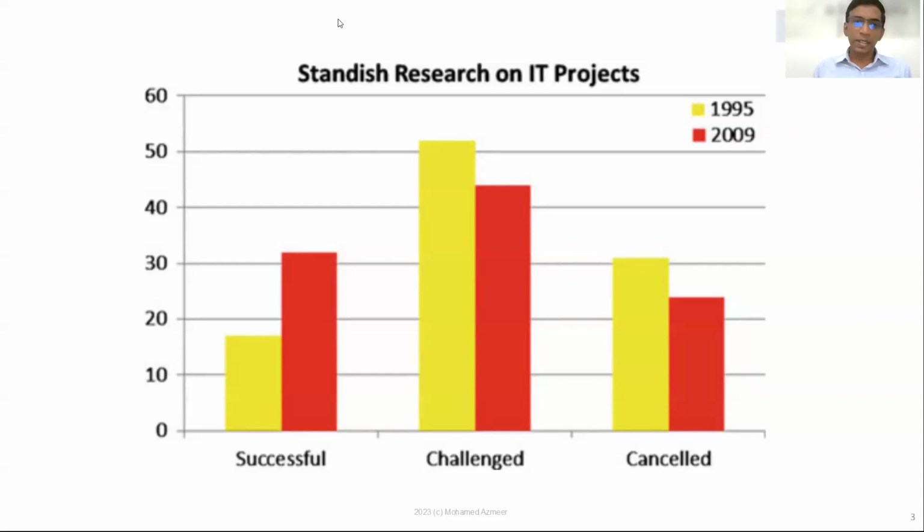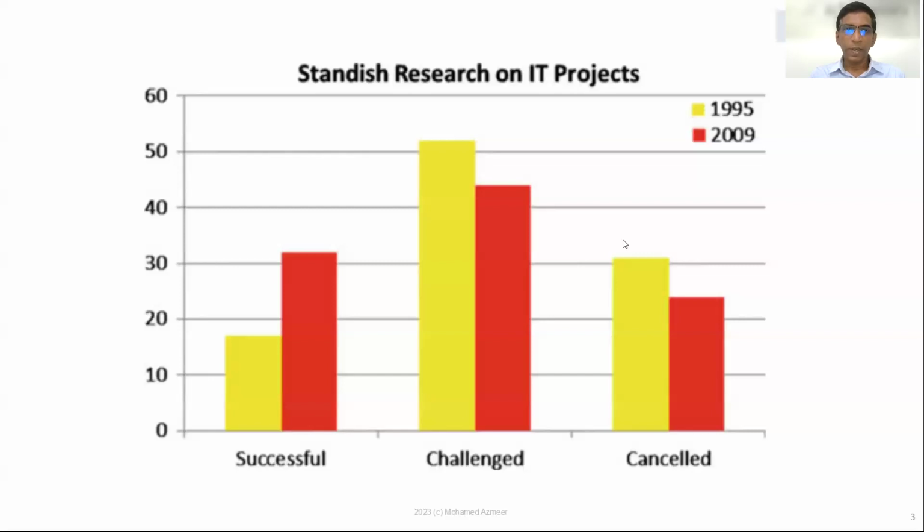So what we learn here is that we have improved our software engineering methods, isn't it? That is why by 2009 we were able to have more successful projects than challenged and cancelled, isn't it?